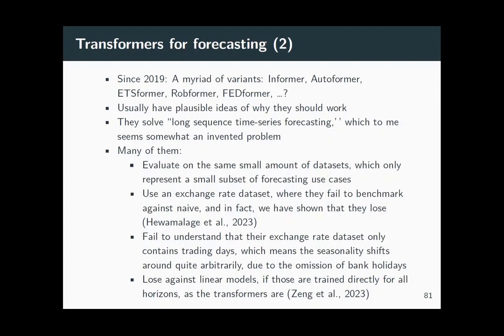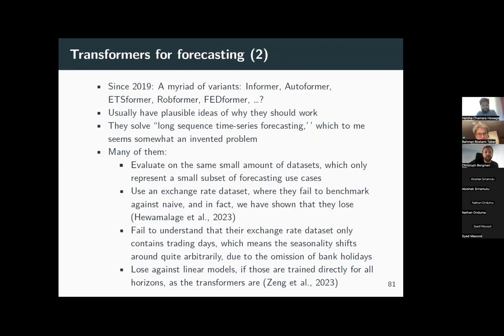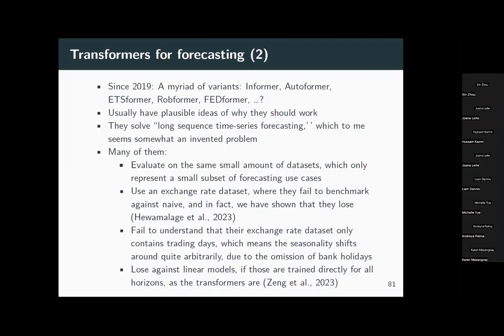Since about 2019, there has been a myriad of variants that people have come up with: Informer, Autoformer, ETSformer, Robformer, FEDformer, and 10 others similar to these. They all have their plausible ideas of why what they do makes sense and why it should work.